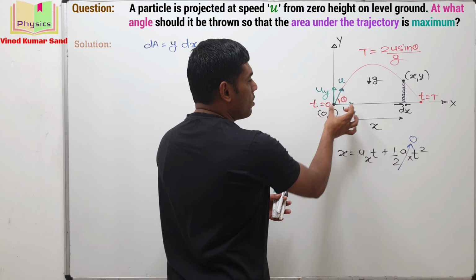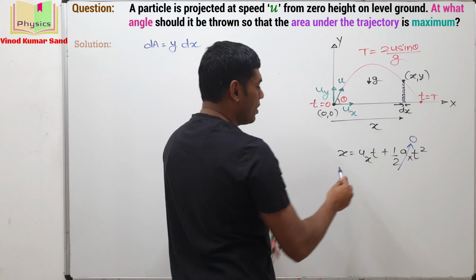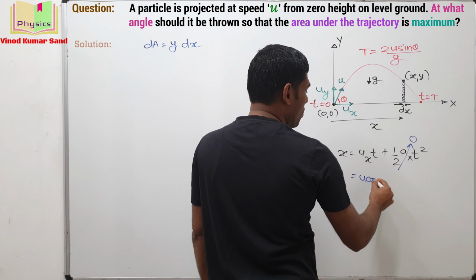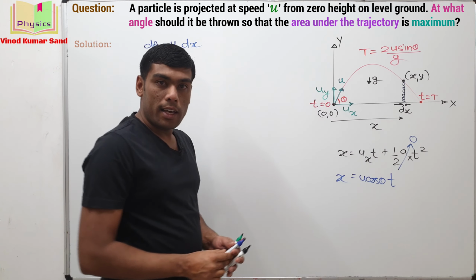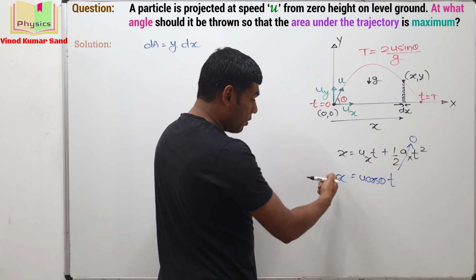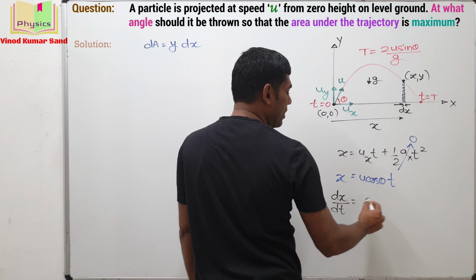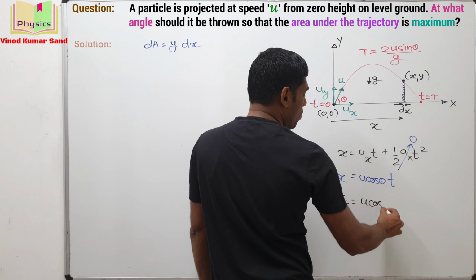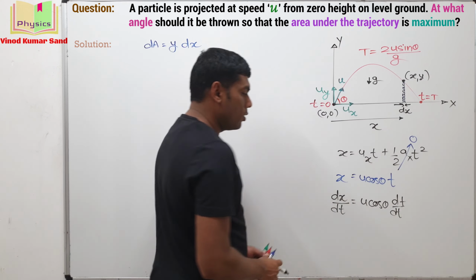So ux is known to us. u will have a component here in the horizontal direction. That component will be u cos theta. Here we have x, and if we differentiate x with respect to time, dx by dt will be equal to u cos theta times d by dt of t. Do you agree with this?